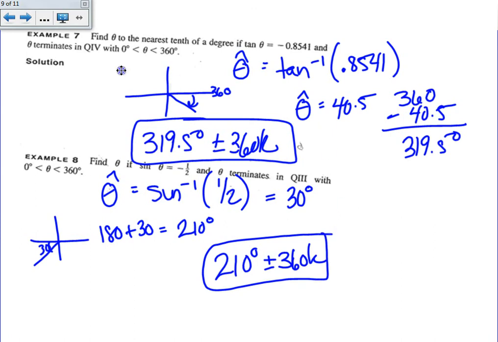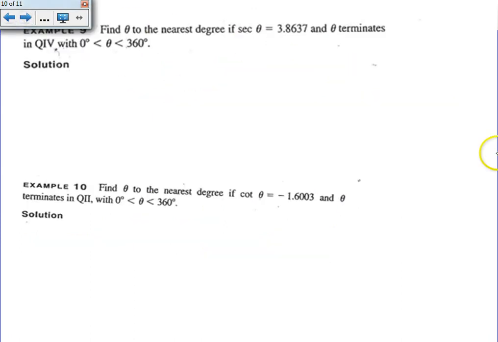Alright, a couple more. I'm going to try to get done before the bell rings. Similarly, this is already positive, so we don't have to worry about that, but it's secant. So we have to think about how to type this in. Remember, you do the inverse cosine, because that's its reciprocal, and then the reciprocal of the number. And it's already positive, so don't worry about that.